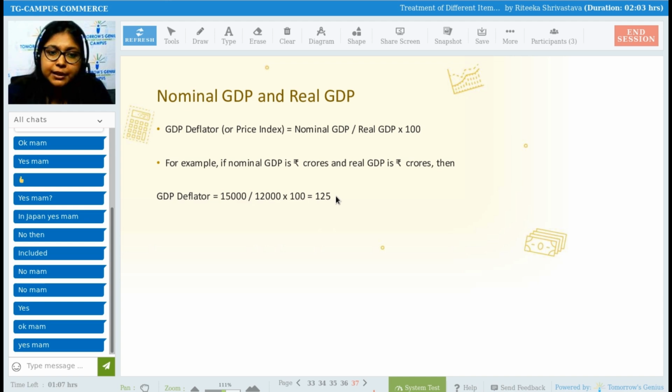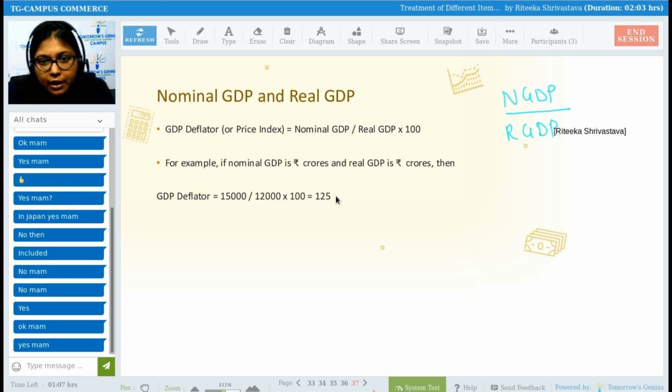So what is the formula for GDP deflator or GDP price index? GDP deflator is equal to nominal GDP upon real GDP into 100. This is your GDP deflator formula.